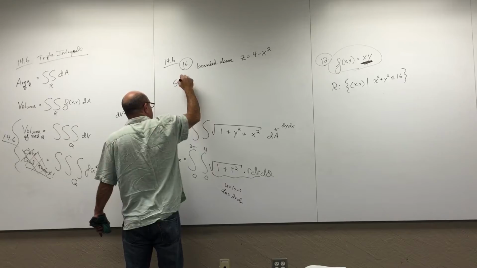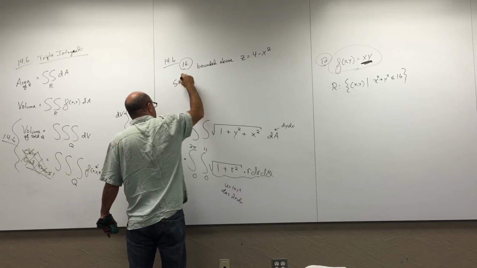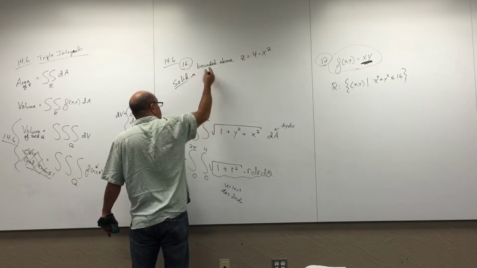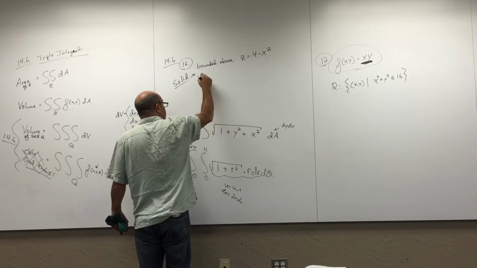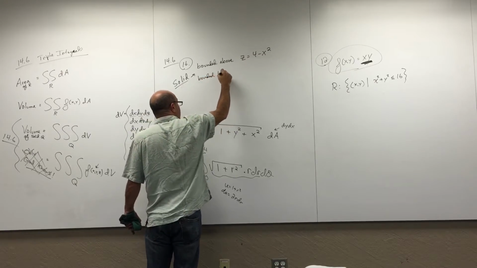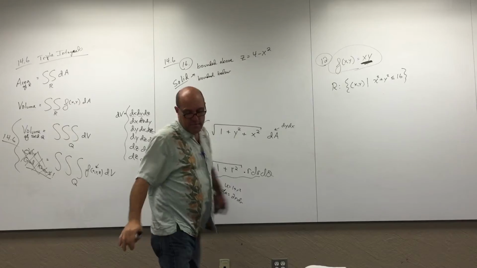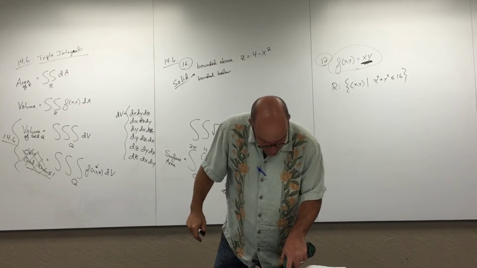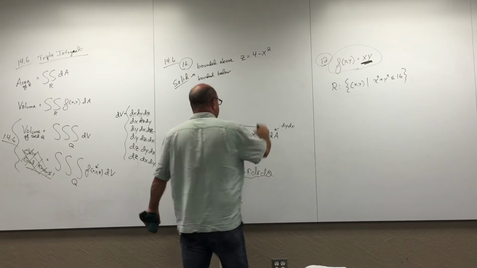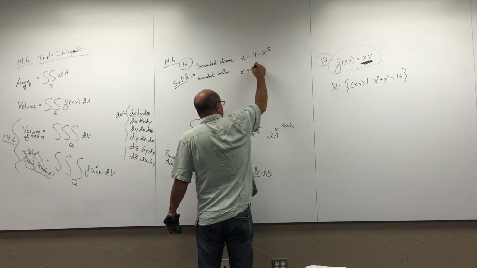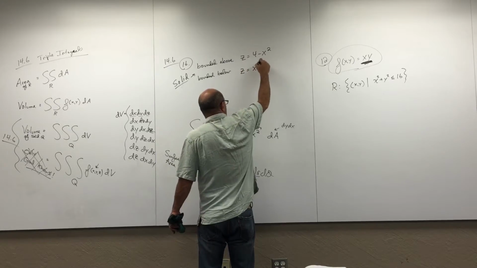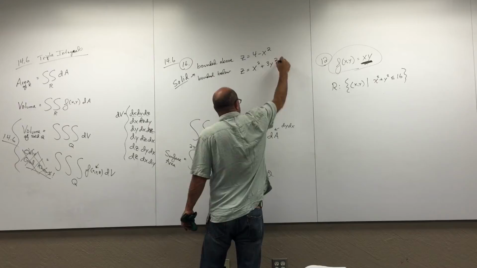And it's bounded below by z equals x squared plus 3y squared, the paraboloid.